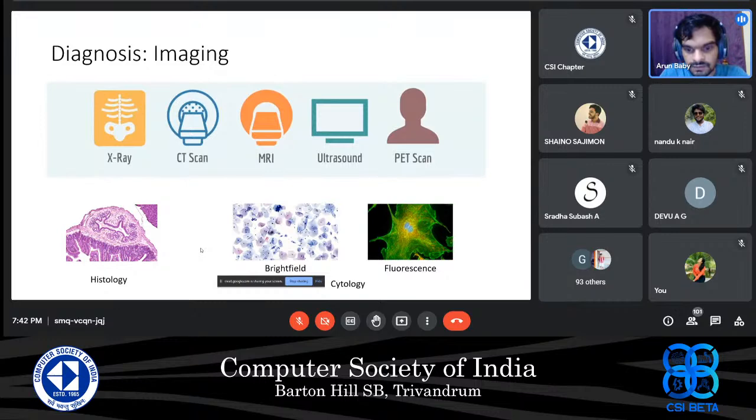So these are some of the data types and kinds of imaging available. Of course, this is not a comprehensive list, and there is still research going on for developing new kinds of imaging, but this is one of the most common ones out there.